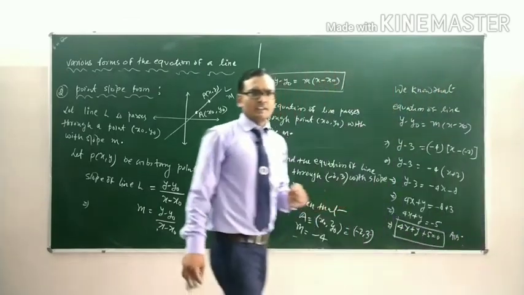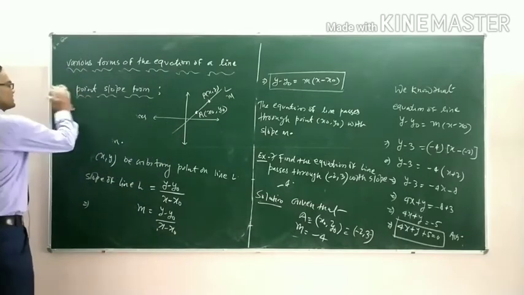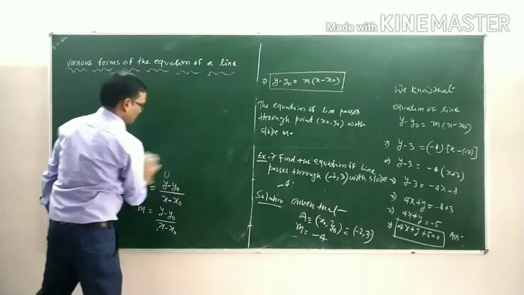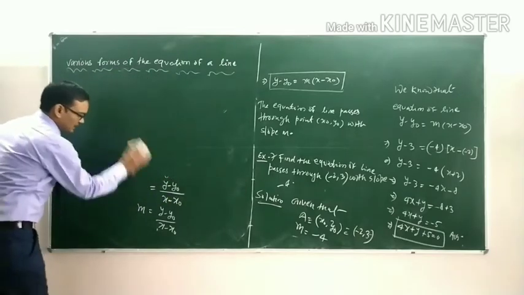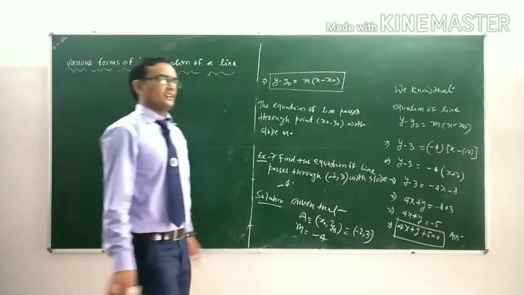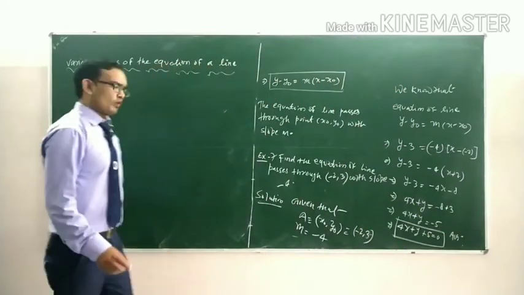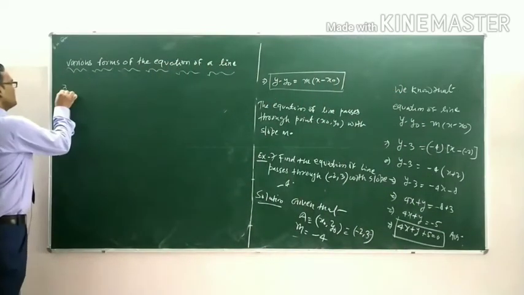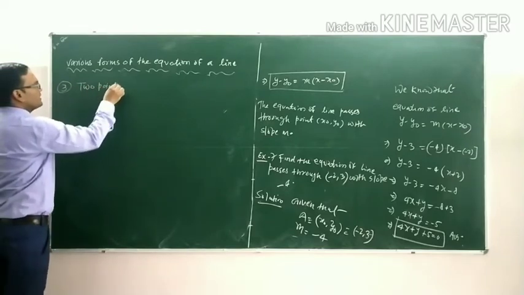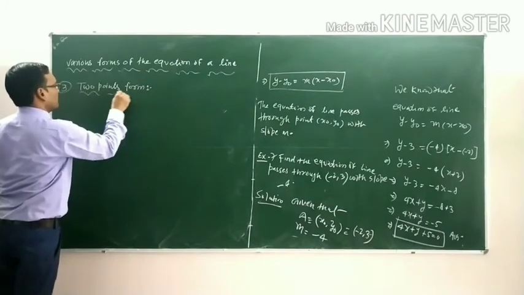Okay, let us move to the third form of the equation, the two-point form. That means the line passes through two points, then we find the equation of the line. The third form is the two-point form.